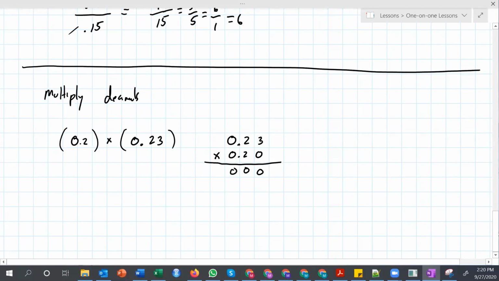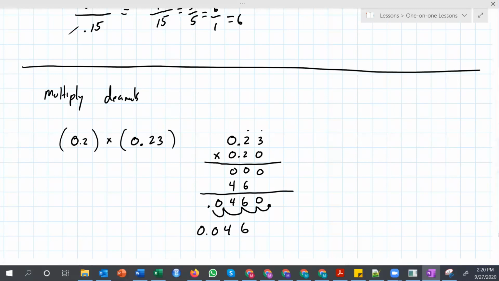So 2 times 3 is 6. 2 times 2 is 4. And then so on. And then the last part is you add these numbers up, and you feel like your decimal is there, right? But you count the number of positions, 1, 2, 3, 4, and you move them over 4 positions. So the answer is 0.046. Okay.